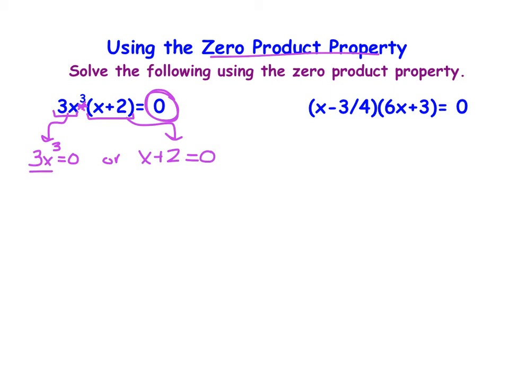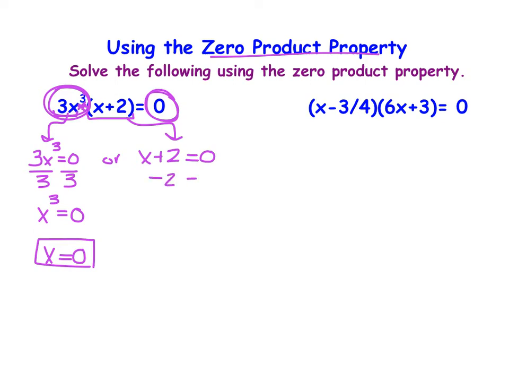So then from here I begin to solve my little mini equations. I get x cubed is equal to 0, which seems really tricky, but then if you think about it, the only thing to the power of 3 that would give you 0 is 0 itself, 0 times 0 times 0. So for this first option, if x equaled 0, then this portion would equal 0, and it would be 0 times some number, and that would equal 0.